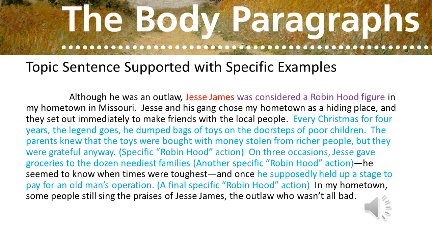Although he was an outlaw, Jesse James was considered a Robin Hood figure in my hometown in Missouri. Jesse and his gang chose my hometown as a hiding place and they set out immediately to make friends with the local people. Now that's still general. What we need to do is to see what they did to make friends with the local people. So, here we get it.